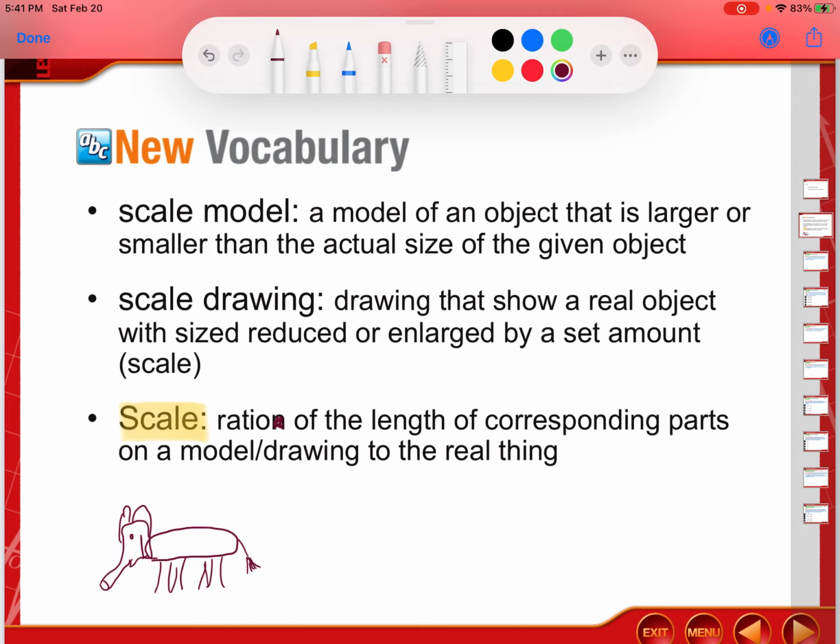So let's just say the leg of this elephant is 1 inch. Let's say the elephant in real life, their leg would be like 48 inches or something like that. I genuinely don't actually know how tall an elephant is.